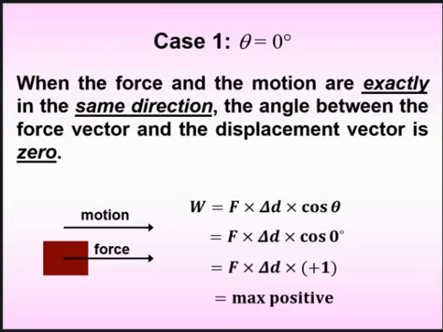Okay? Why do you think I called it max positive or fully positive? Question for you. Look, if you're pulling on something like that, are you wasting any of your force? Are you wasting any of the directionality of your force? Is your force perfectly pointing where the object is intended to move? Which means, is this force partially optimal or fully optimal?